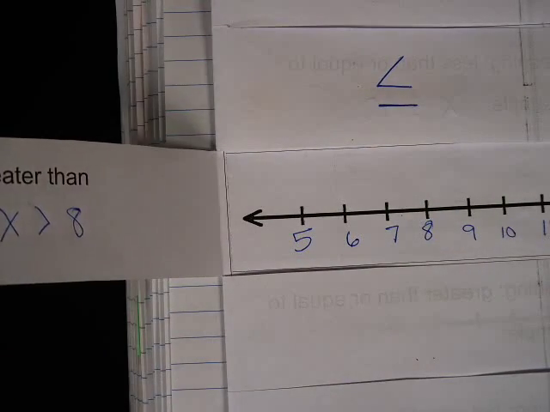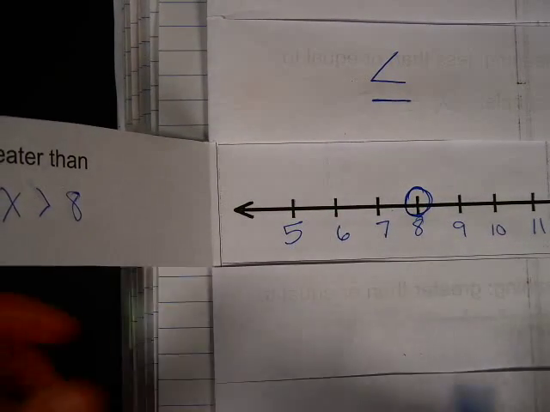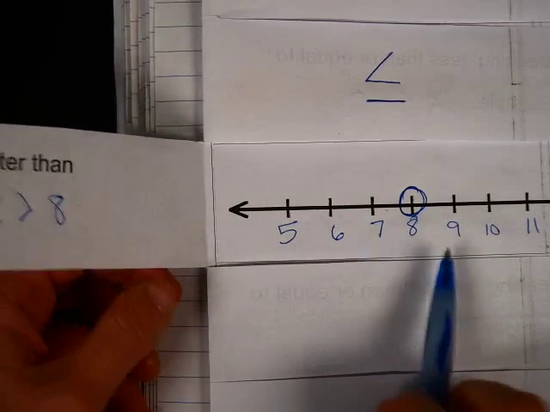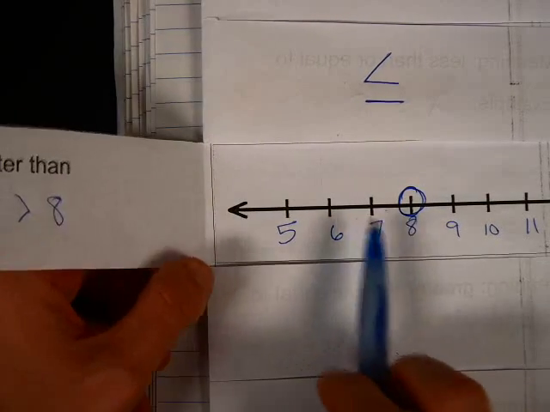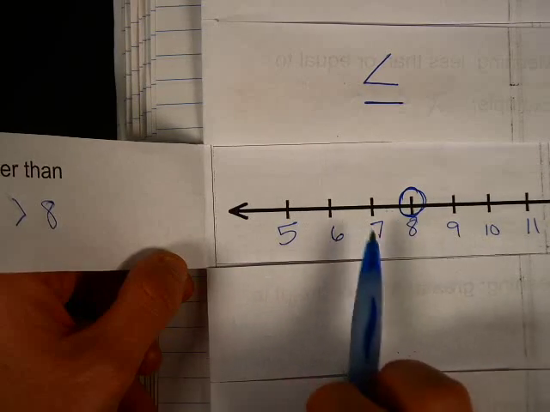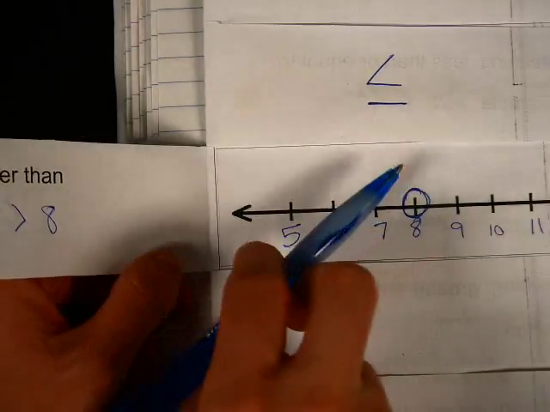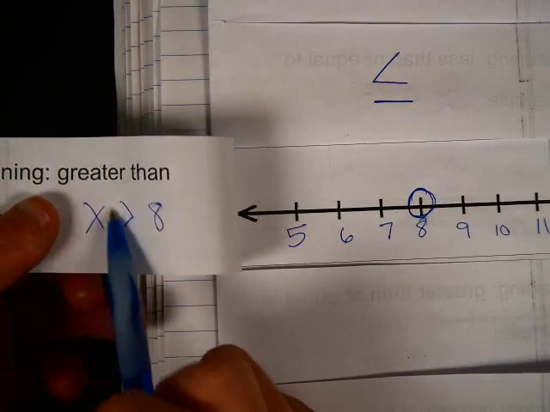So I'm going to have to do an open circle at the number. So open circle at 8. But I have to think of everything greater than 8. So what's greater than 8? Is 9 greater than 8? Yeah, it is. Is 7 greater than 8? No, it's less. So it's going to go this way. And look at how it's pointing.